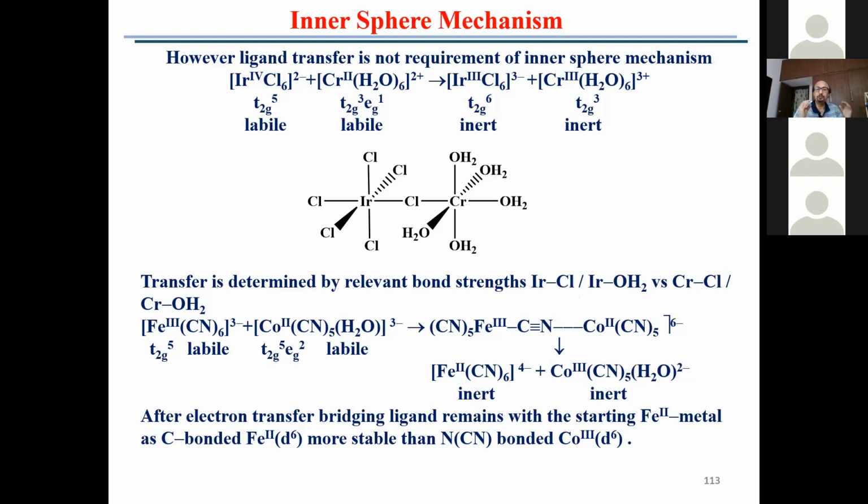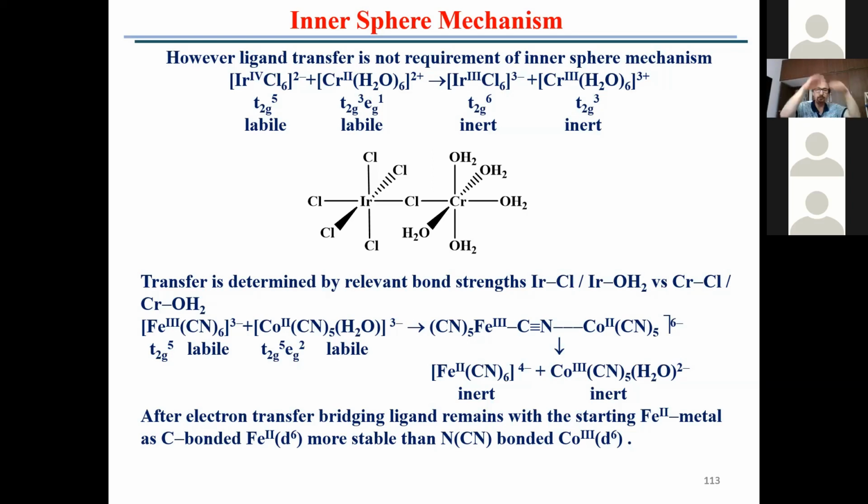So what I'm trying to say is that where the bridge has more than one donating site, you have to figure out the preference of movement, not only based on inertness or lability, but also based on the consideration of which donating site would be a better choice in terms of stability.